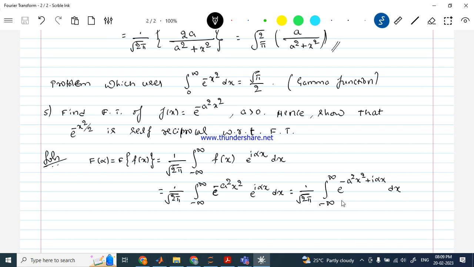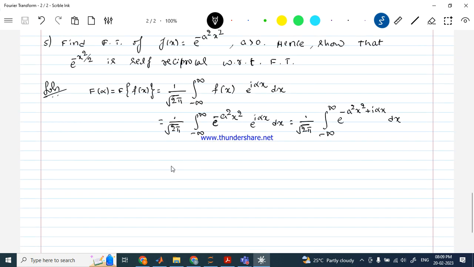I want to bring this expression into this form. For that we will take the help of the completing the square method. Now let me consider this part. This part itself is the heart of this problem. If you understood this part, nothing is there in this. It's a very simple expression.